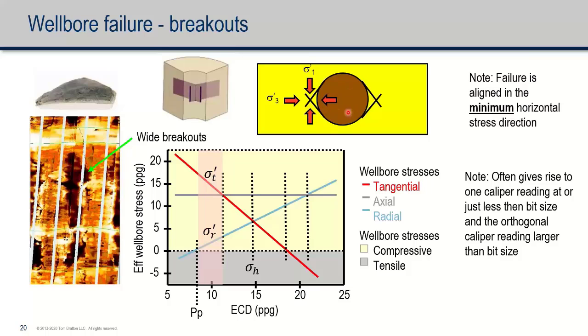This is a map view of a vertical wellbore, and so your hoop stress, or your tangential stress, is sigma 1. Your radial stress is the minimum, and it's perpendicular, and you develop these conjugate shear planes. And this little piece of rock right here, here's your surface created by the drill bit, and here's one conjugate plane, here's the other one.